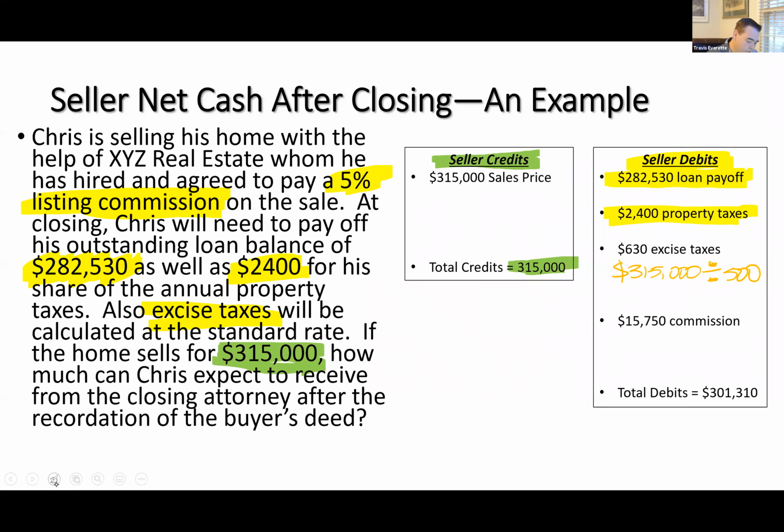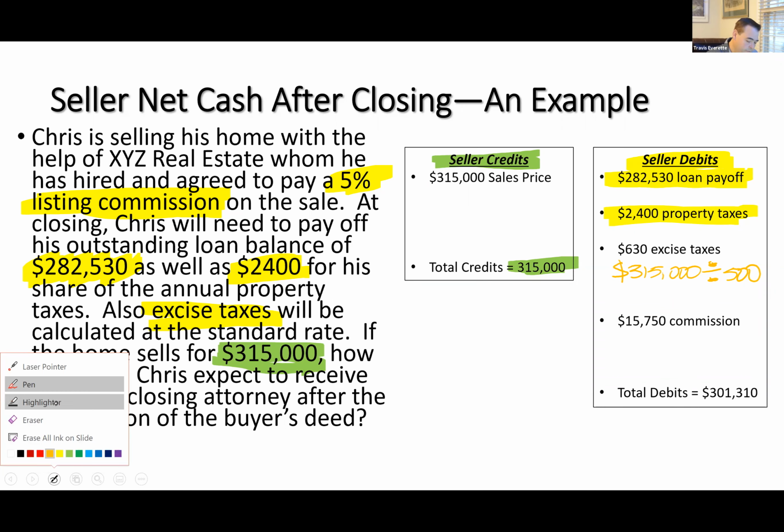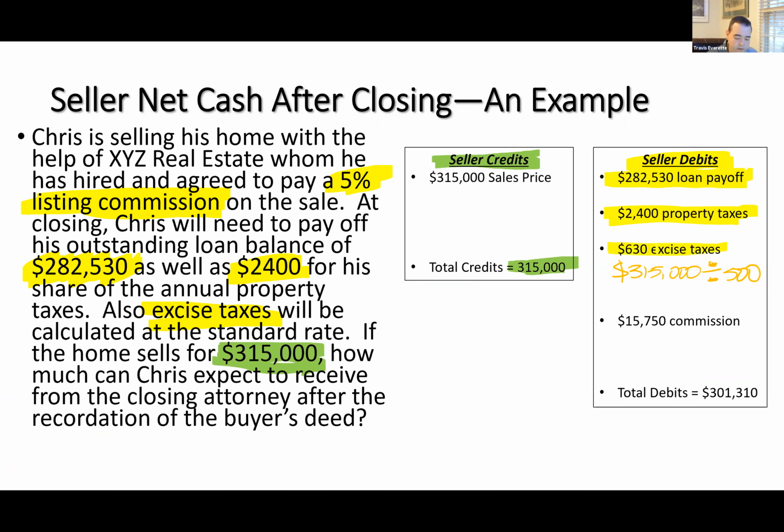And that's where we get $630 in excise taxes. Check the math here, make sure that's right. 315,000 divided by 500, 630. Remember, that's paid by the seller. Told you it was going to be important that you knew that was paid by the seller. That is a seller expense at closing. So that's where that 630 comes from.